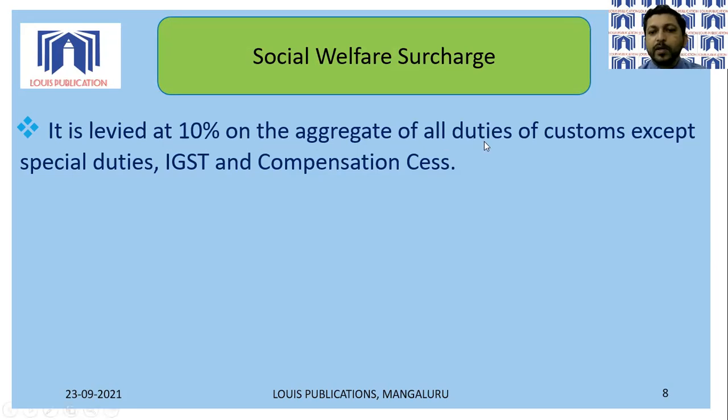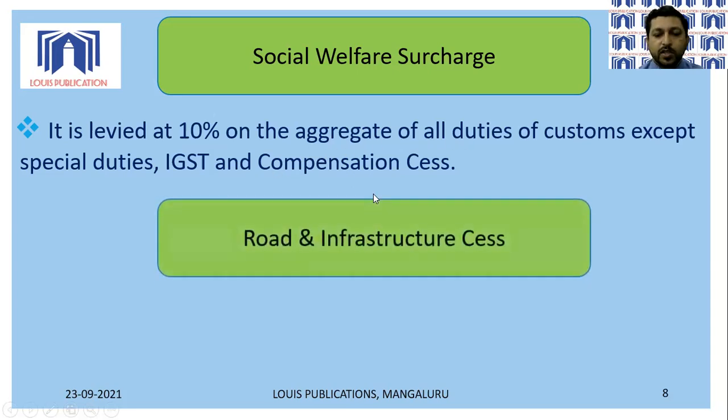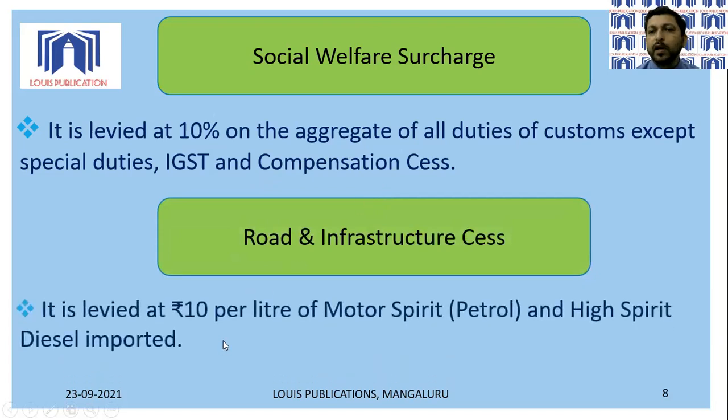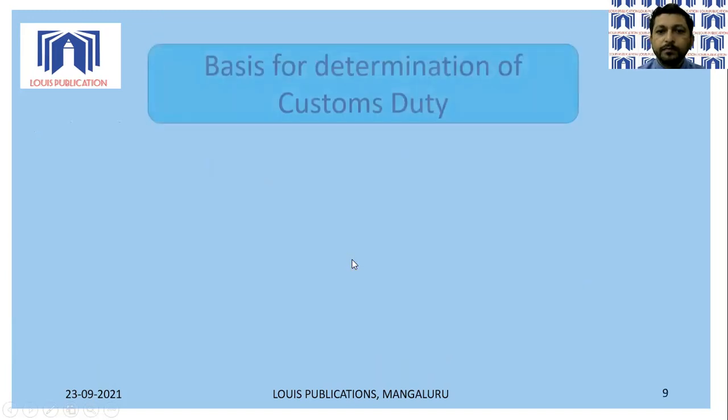It is levied at 10% on the aggregate of all the duties of customs, except special duties, IGST and compensation cess. Then we have road and infrastructure cess of ₹10 per liter of motor spirit, which we commonly call petrol, and high speed diesel imported. So ₹10 per liter for road and infrastructure cess.